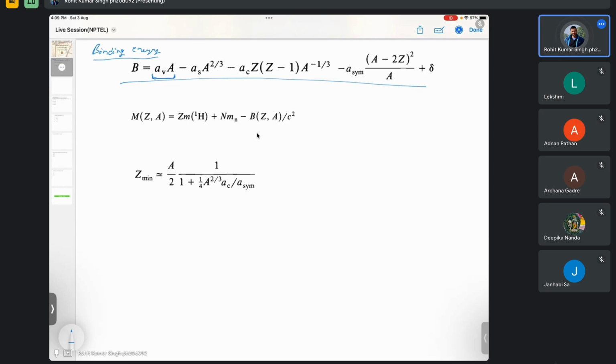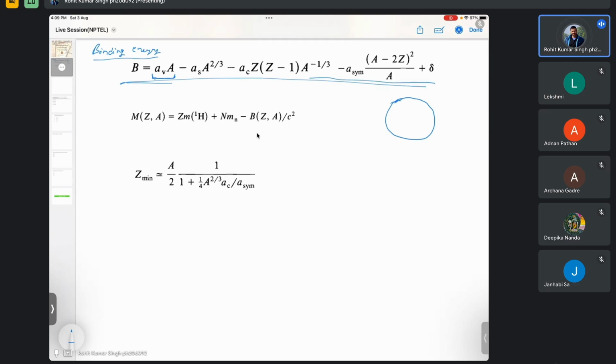this formula comes from the liquid drop model of the nucleus. We consider the nucleus as a drop of liquid, okay, with neutrons and protons in it, so sort of a charged liquid made up of neutrons and protons, and with some assumptions we arrive at this formula.